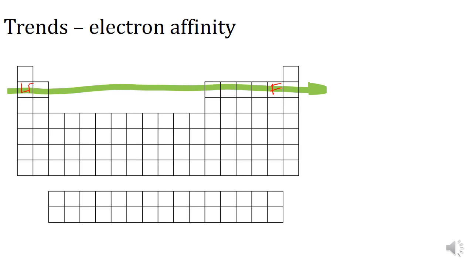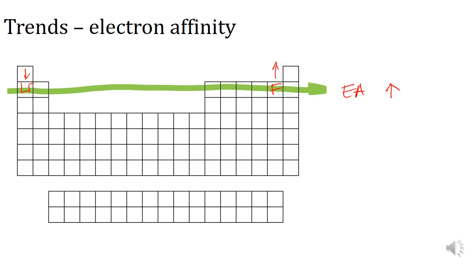So the electron affinity, how much fluorine wants an electron, is a lot higher than it is for lithium. That's the trend we see: as we move right, electron affinity increases, so its want for electrons increases. It works the opposite way to ionization energy. If something wants electrons, it's not likely to want to get rid of electrons.